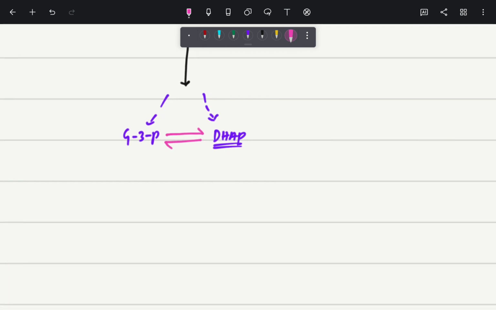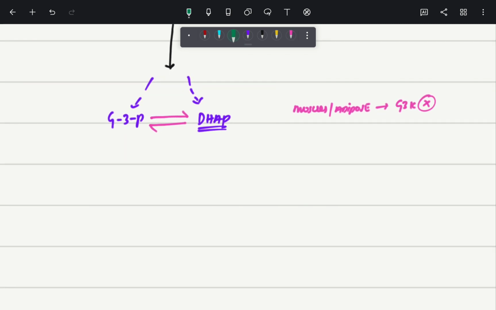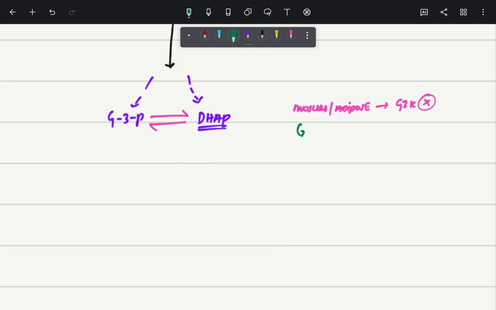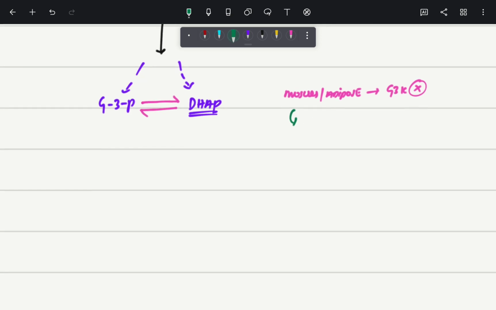Okay, so muscles or adipose which lack the enzyme glycerol kinase will have a special enzyme called glycerol 3-phosphate dehydrogenase.